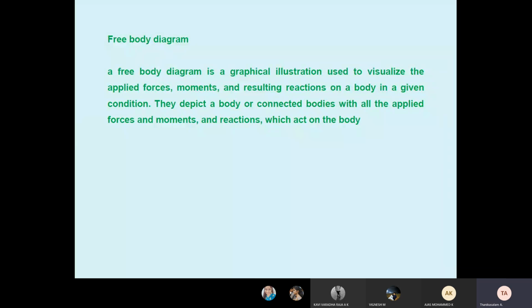See, a free body diagram is a graphical representation of a body with respect to forces, weight, reaction, moment, couple, tension, etc. By removing supports, the diagram shows only forces, weight, reaction, tension, couple moment. This is called a free body diagram.